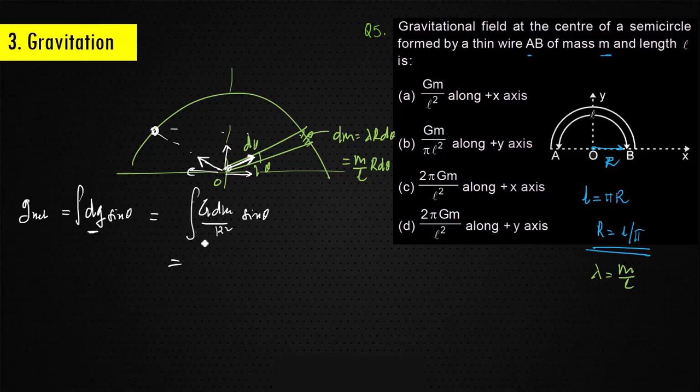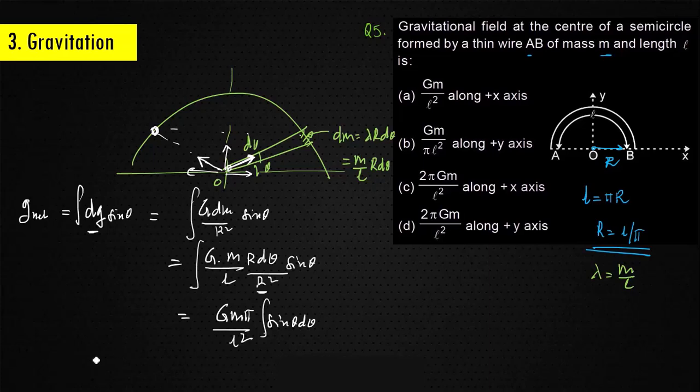One r will cancel out, leaving one r in the numerator. Since r equals L by pi, it ultimately becomes G m pi by L squared into sine theta d theta.